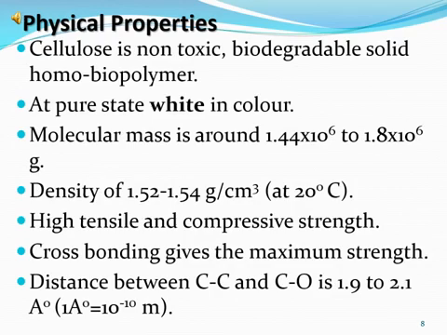Density of cellulose is 1.52 to 1.54 gram per cubic centimeter at 20 centigrade. Cellulose has high tensile and compressive strength. Cross bonding gives the maximum strength. The carbon-carbon bond and carbon-oxygen bond distances are 1.9 to 2.1 angstrom respectively.